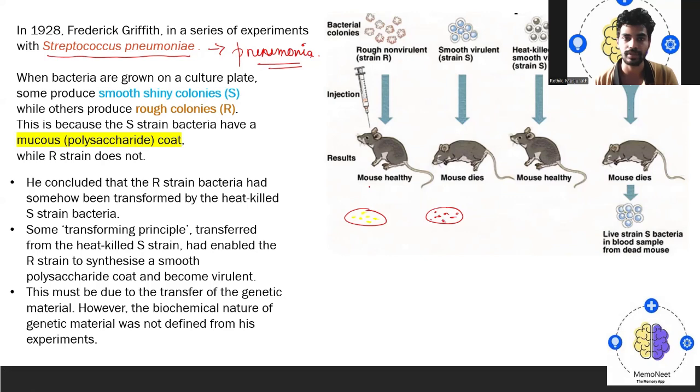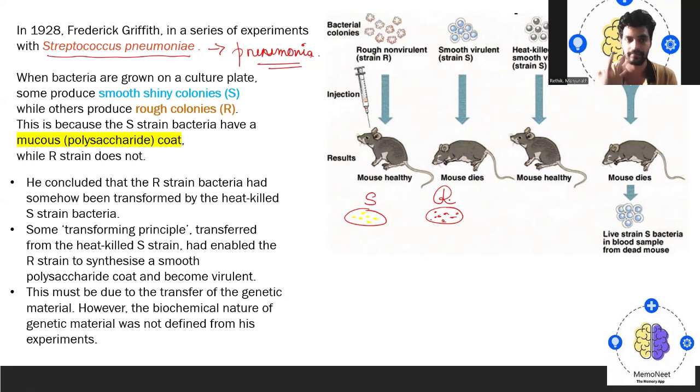The one which produces smooth, shiny colonies they named the S strain, and the other which produces the rough colonies they named the R strain. So S strain and R strain colonies.